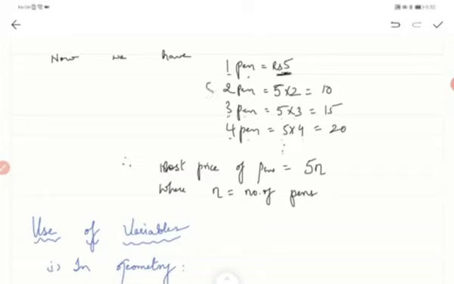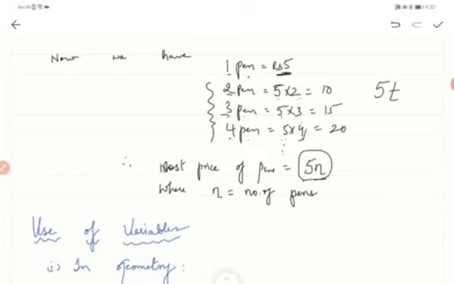So observe this pattern. What we have in common is 5, right? And the number of pens which you want, you are multiplying with that. So 5 into, take any variable, let me take it as t here. In general I will take it as 5t or 5n, 5x, anything.